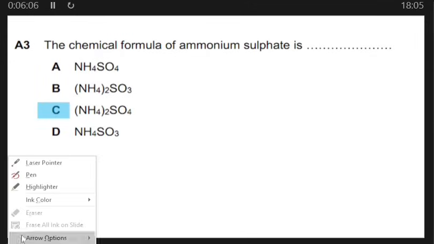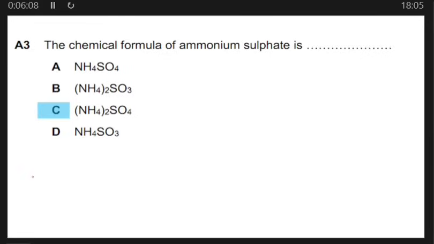Because what you should understand here is that ammonium has a formula NH4 and has a valence of 1, and sulfate has a formula SO4 and has a valence of 2.